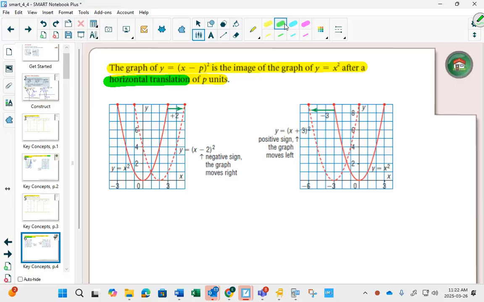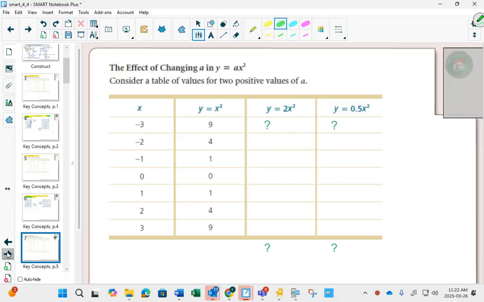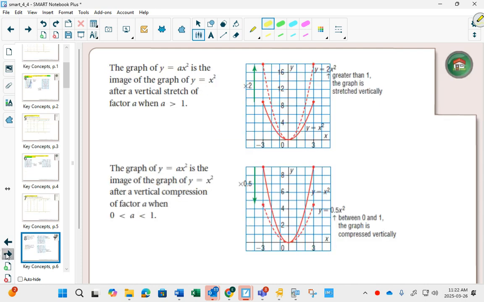And then finally, we have the a value in front, and if the a value is bigger than 1, we call it a vertical stretch. If the a value is less than 1, or between 0 and 1, we call it a vertical compression.